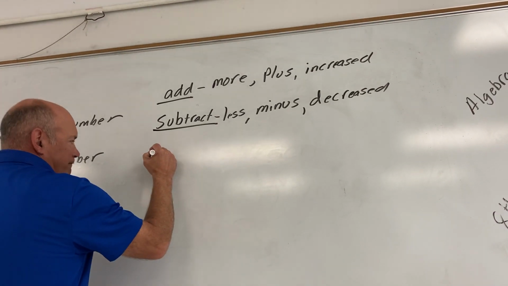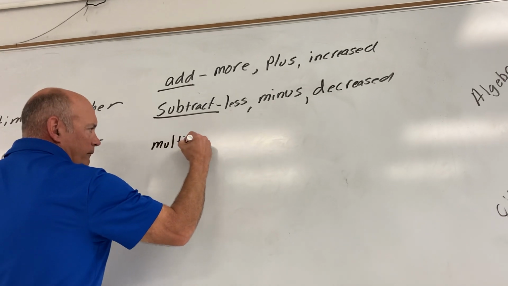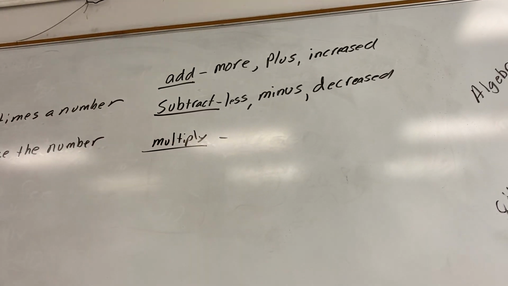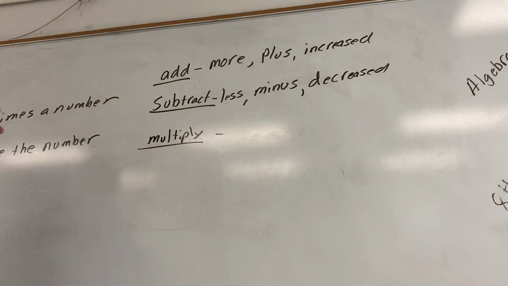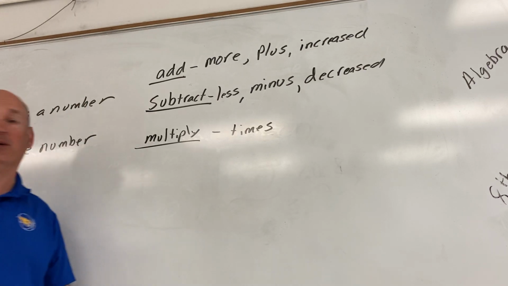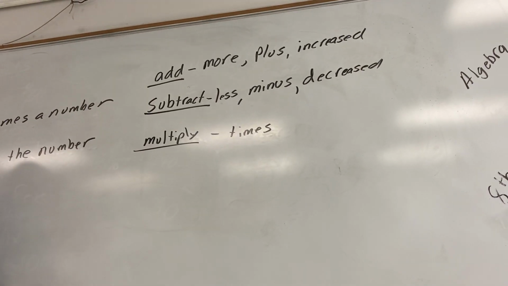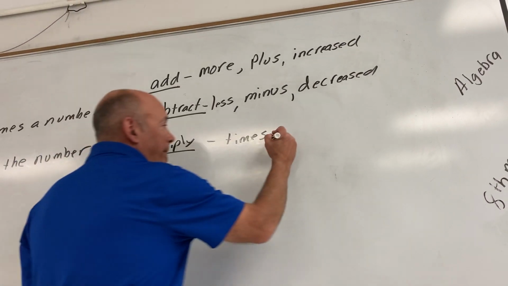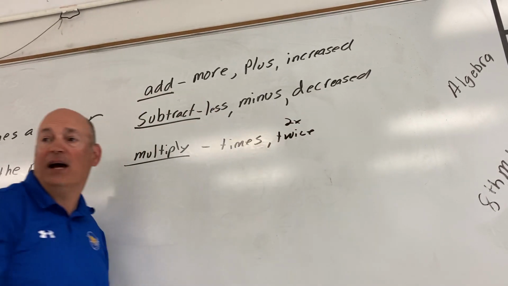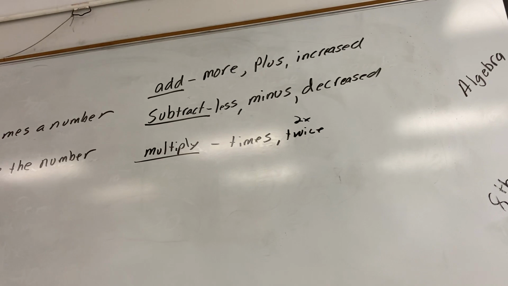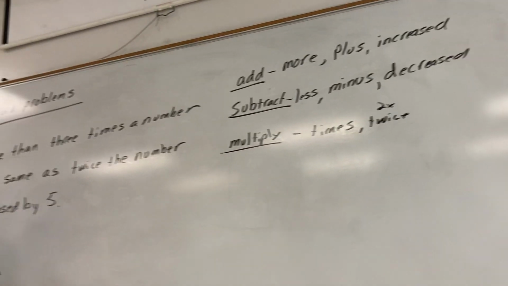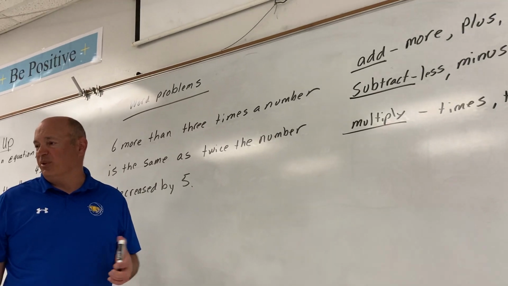Let's go to multiply. There's not as many for multiplication and division. Times would probably be the number one. You're going to see that one the most, I would guess. Twice would mean times 2. I'll put 2x for that one. Triple, but we usually stop after quadruple, which would be about the most.